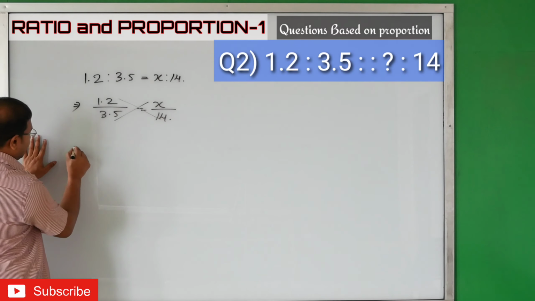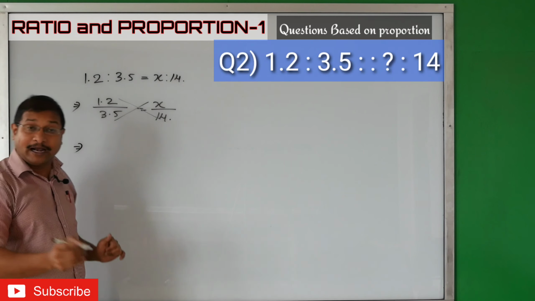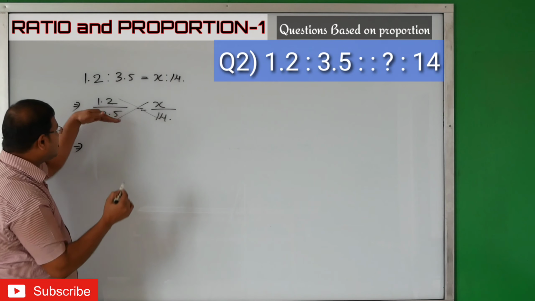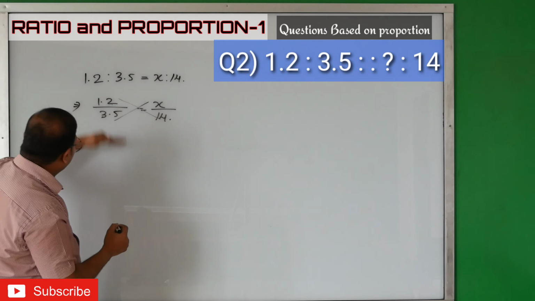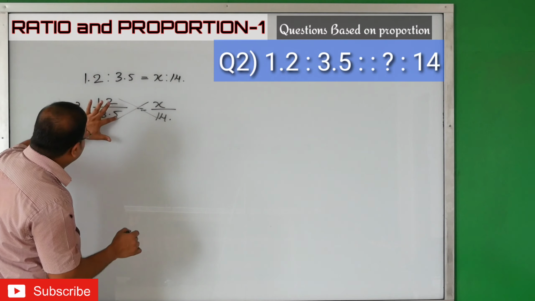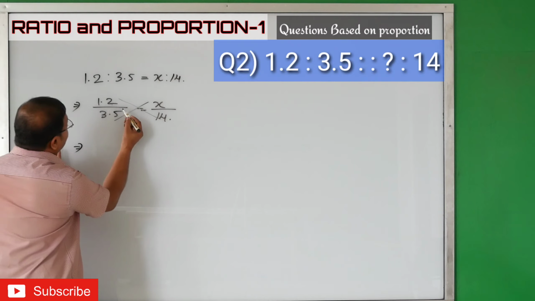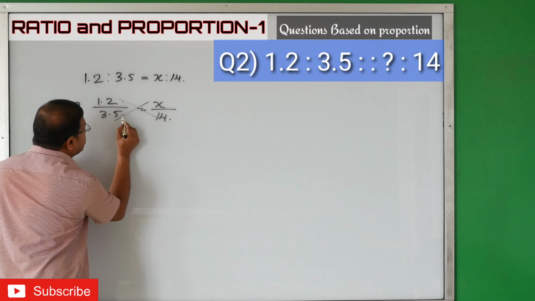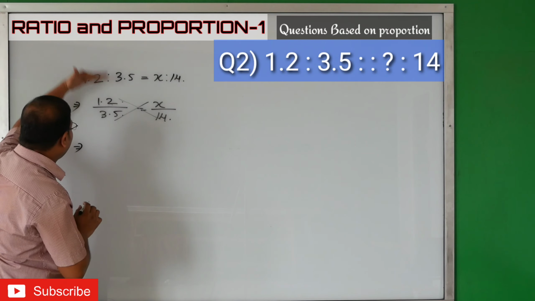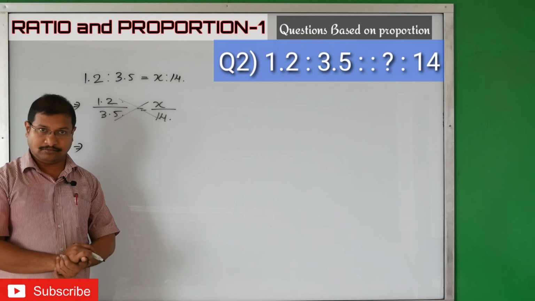This implies, see, 1.2 divided by 3.5. The upside portion is the numerator and the downside portion is the denominator. Both numerator and denominator have 1 decimal digit. Actually, you have to multiply upside by 10 and downside by 10, then the point will be removed.